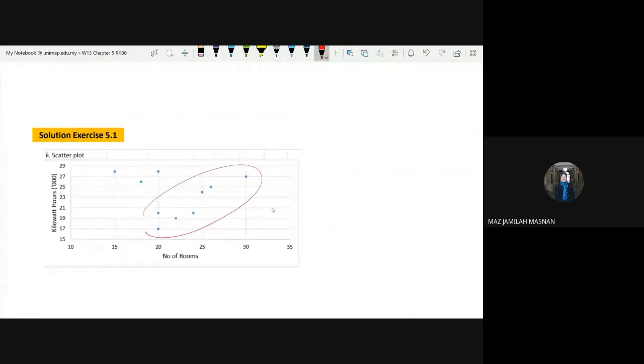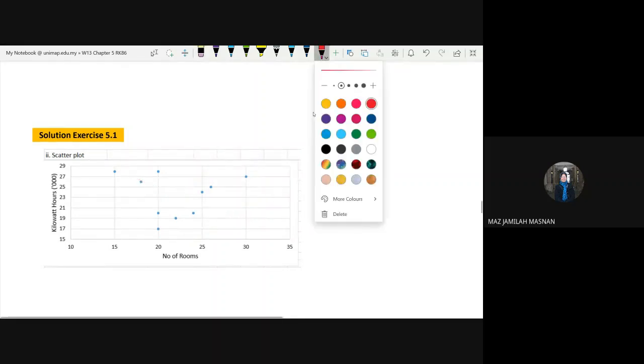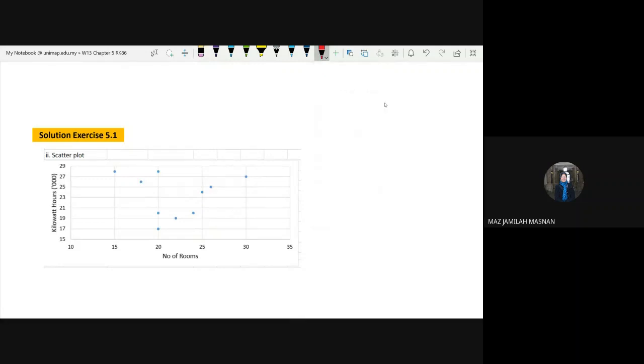But if you base on all the data from this particular value, it will be a bit flat.